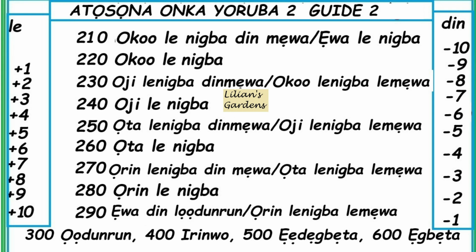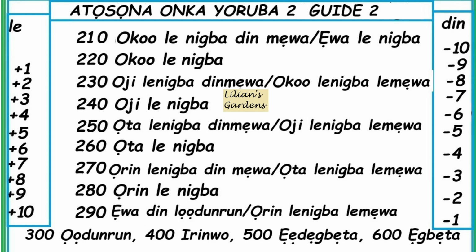Add another 10. So you still get 270 from both calculations. Ọ̀rìnlénígba, that is 280. 290 is ọ̀rìnlénígba-lé-mẹ́wàá. That is 280 and then you add an extra 10.